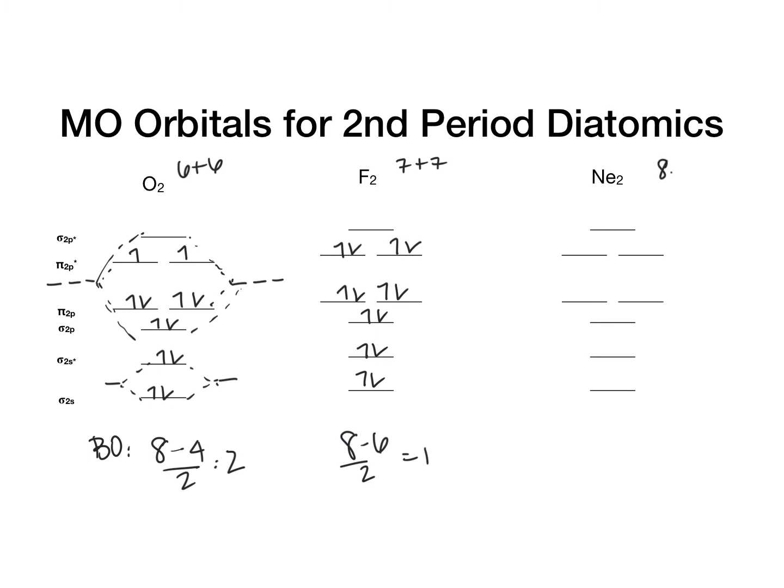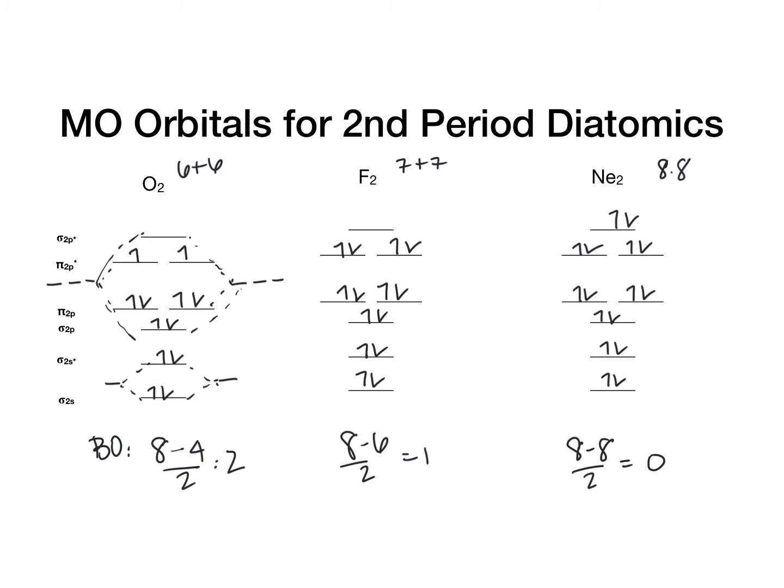For neon, we have 8 plus 8, so 1 through 16. In this case, it would be 8 minus 8, divided by 2, which gives us 0.